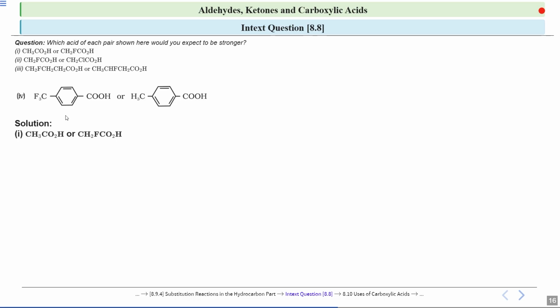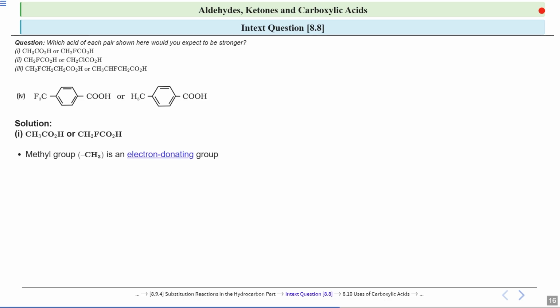The first pair which we have is CH3CO2H or CH2FCO2H. Now if you carefully focus on these groups, what is the difference between them? The difference is between the methyl group and the fluorine atom.